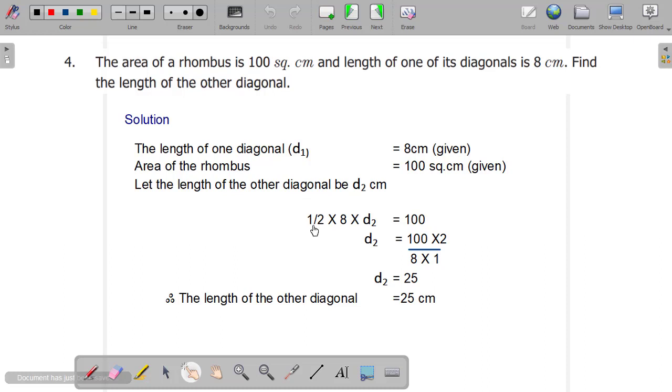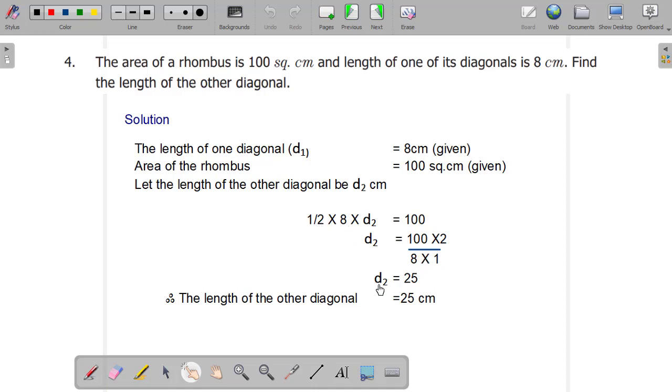By using the formula, we can get an equation: half into 8 into D2 is equal to 100. In the equation, I put the value of D1 and value of area. Then keeping the unknown value on the left side, I sent all the other elements to the right hand side.